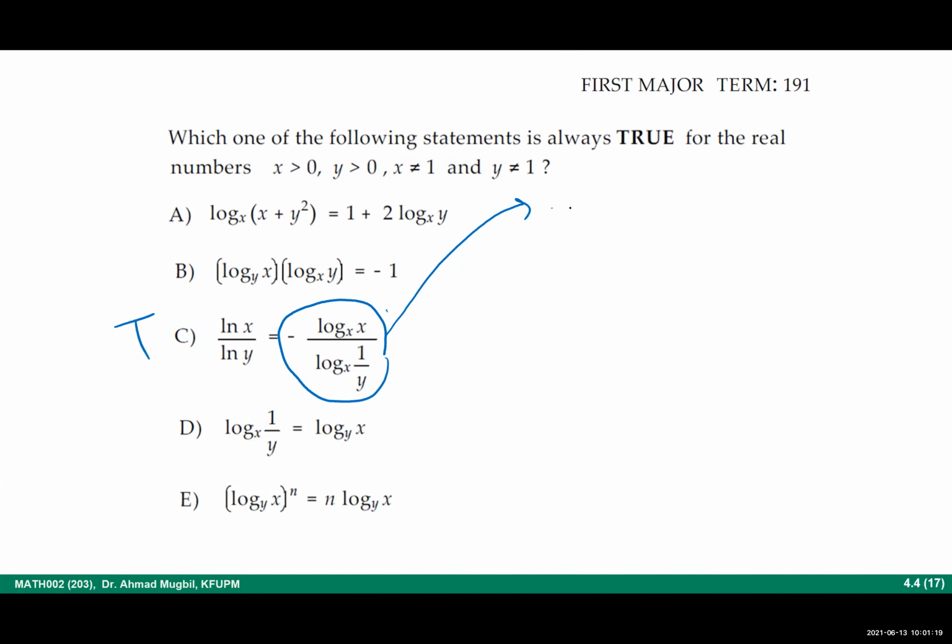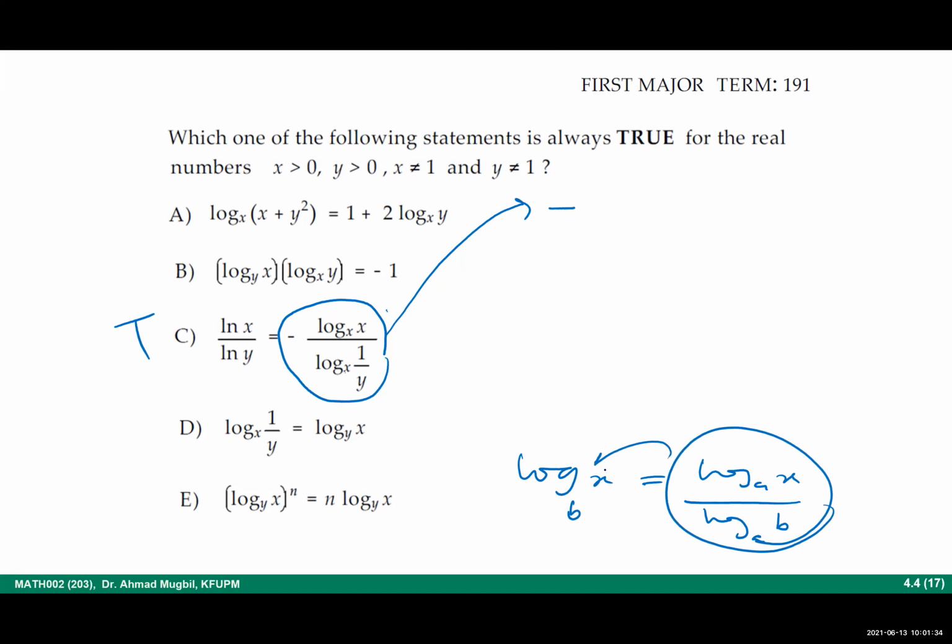What you can do, you can change the base, ya shabab. What is the base here? The base is x. So you will use the change of base formula that says it is log a of x over log a of b. So what I have now, I will write it like this. The negative is out. So this will be log b of x. So this is b, this is x. So it will be 1 over y log x.